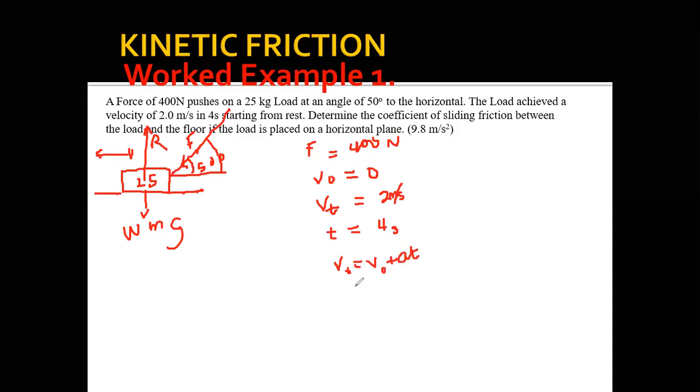So it means that A is equal to Vt minus V naught over t, which will be equal to 2 minus 0 over 4, which is 0.5 meters per second squared.